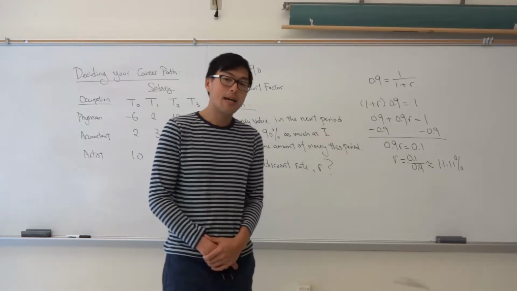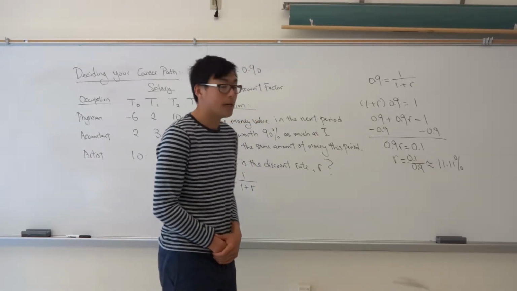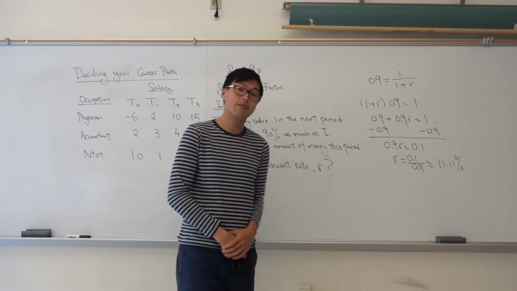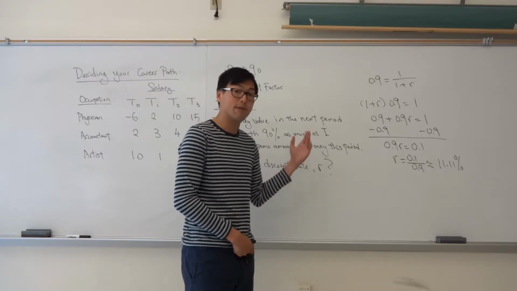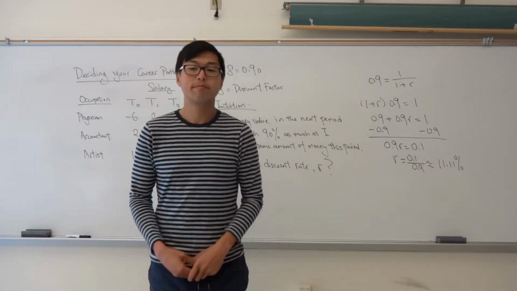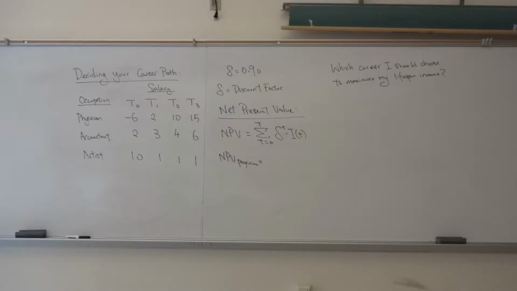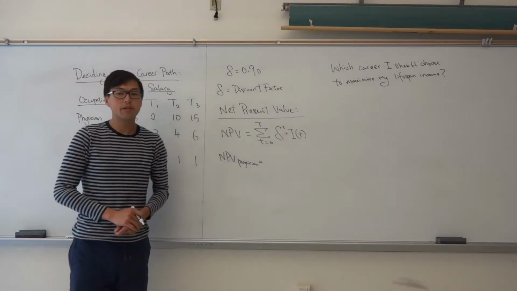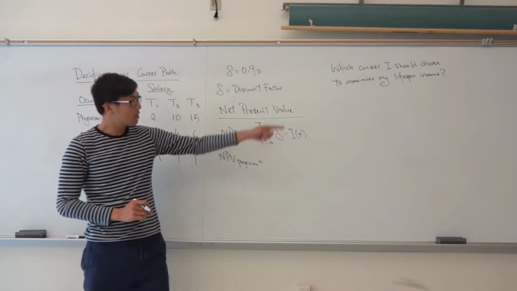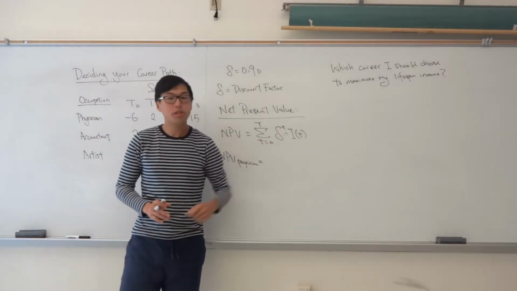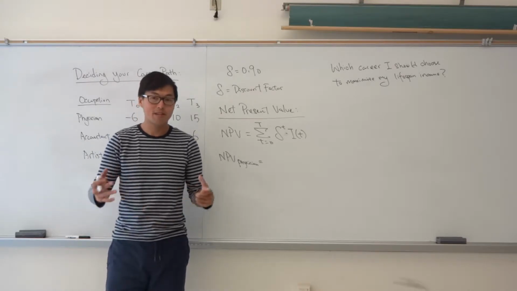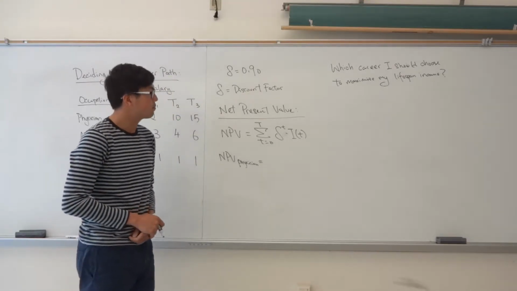So for the next exercise, we are going to discover how to decide which career path to follow based on this information. So the question is, which career should I pick in order to maximize my lifetime income?